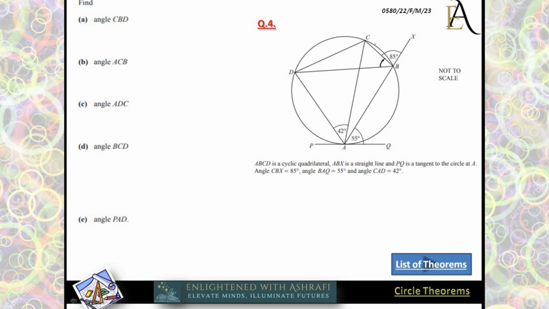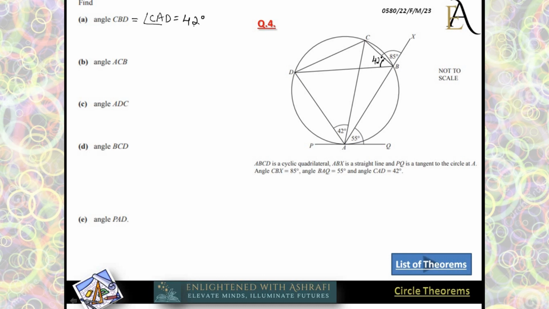Now we can see over here CBD and DAC, they share a common arc. Therefore, this angle will be equal to this angle, so this becomes 42 degrees. So this angle is equal to angle CAD, which is equal to 42 degrees.